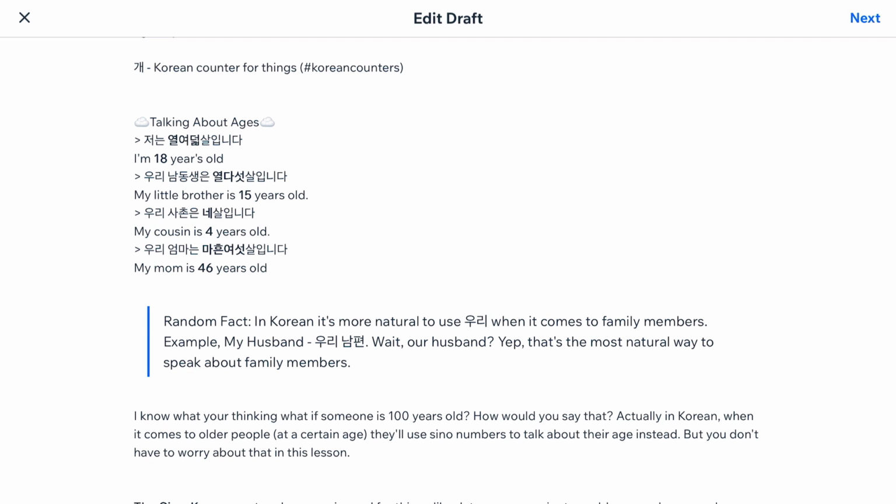Even with husbands or partners, 우리 남편. So our plus husband. So our husband, even though that might seem strange, that's the most natural way to speak about family members. It kind of just shows a closeness by using 우리.